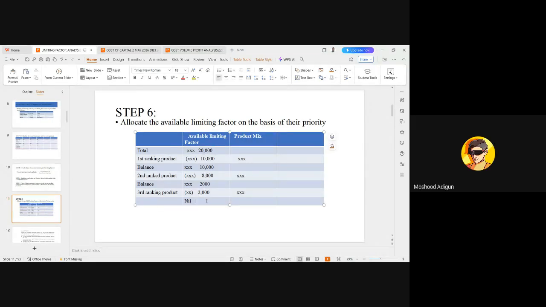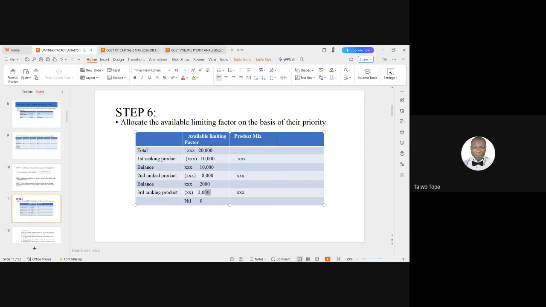So take note, the product mix or optimum output is the best you can produce given the available resources. So what the best unit or quantity you can produce will come as your optimum output.